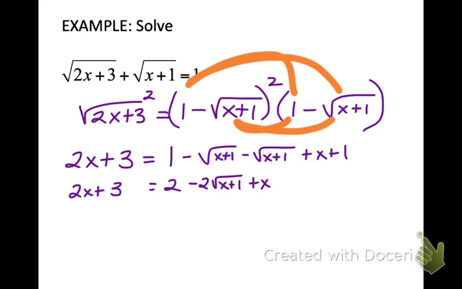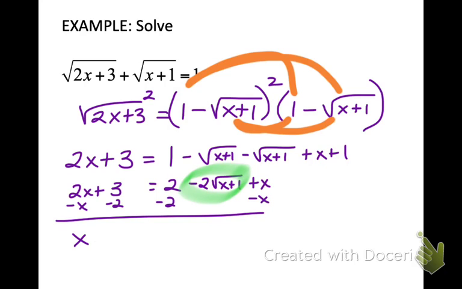Gotta finish it through. I'm going to move everything but this right here to the left side. I'm going to leave that over there on the right. So I'm going to move my 2 over by subtracting it. I'm going to move my x over by subtracting it. So now I have x plus 1 is equal to negative 2 times the square root of x plus 1.